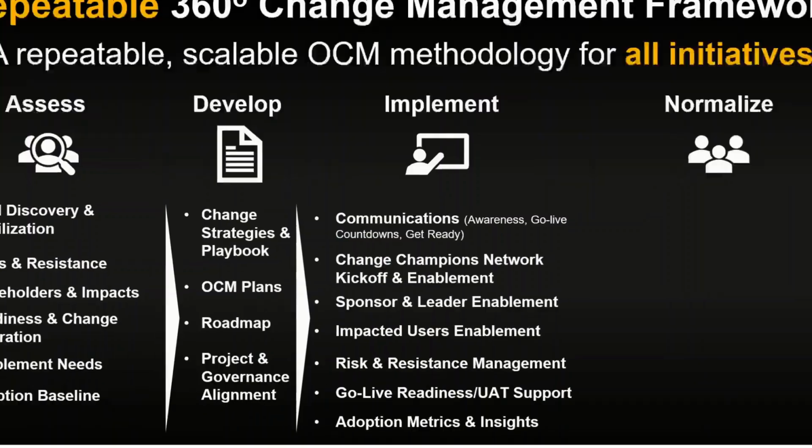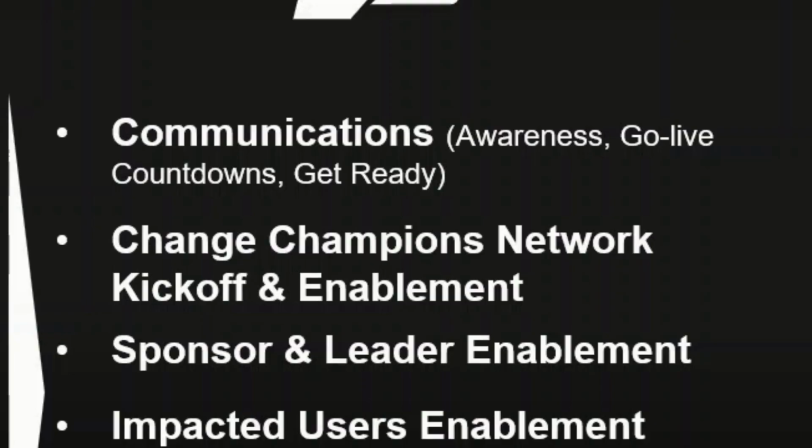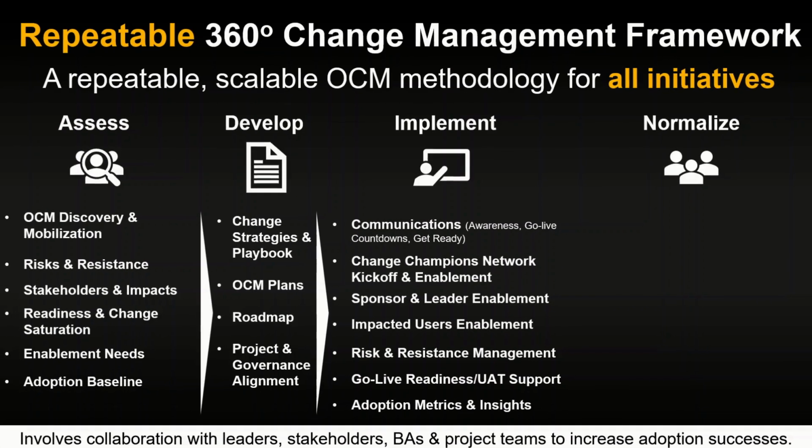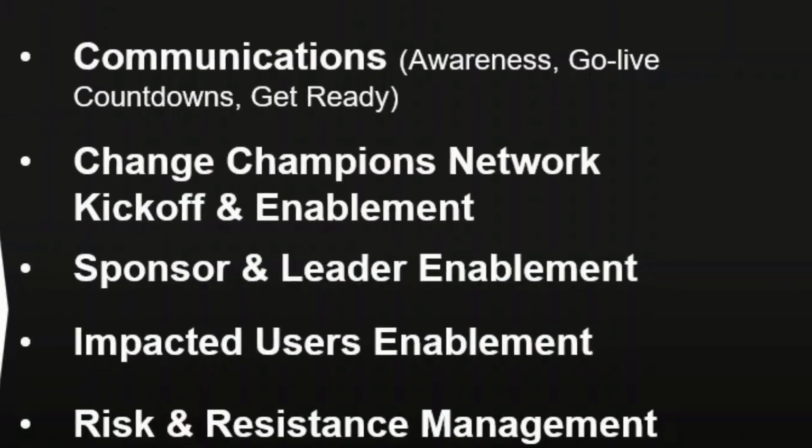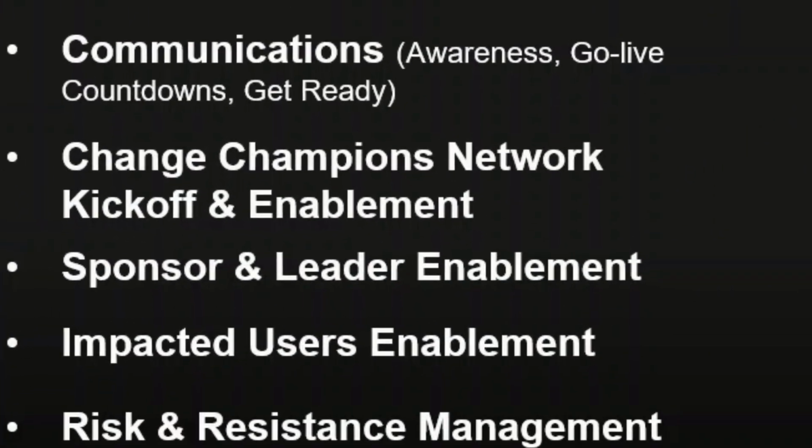Also, kicking off the Change Champion Network and supporting and enabling change champions are things you also want to consider doing. Something else that is important for you to deliver during the implement phase is enabling and supporting your sponsors as well as your leadership.